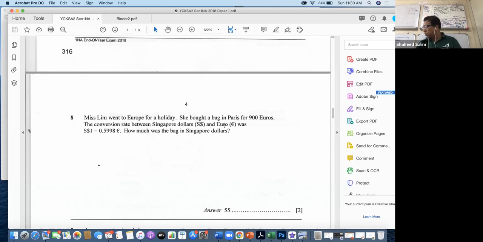You need to know this because you will be using money in the future, right? I mean, you are already using money. You need to know this.